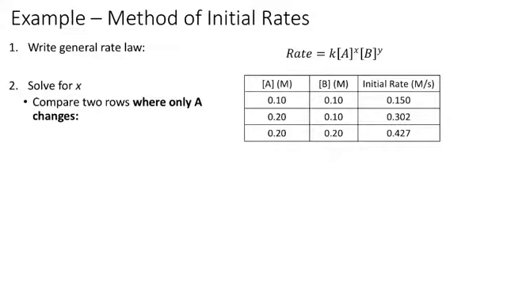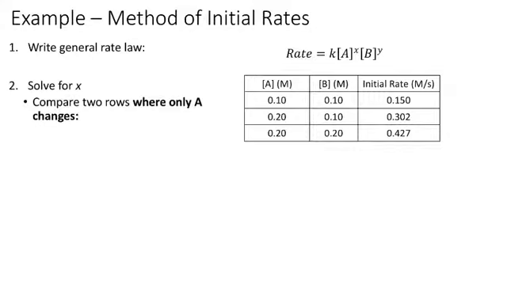To solve for x, we're going to look at the chart and pick 2 trials where A and only A have changed. Those 2 trials are trial 2 and trial 1.